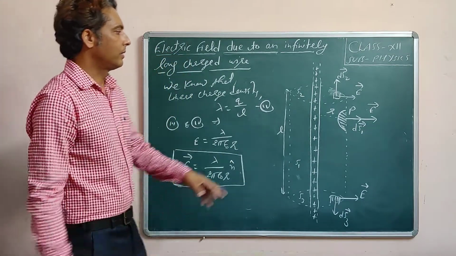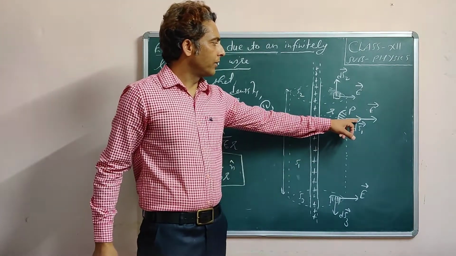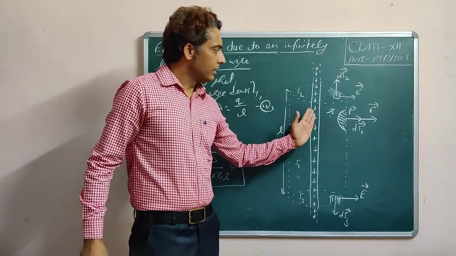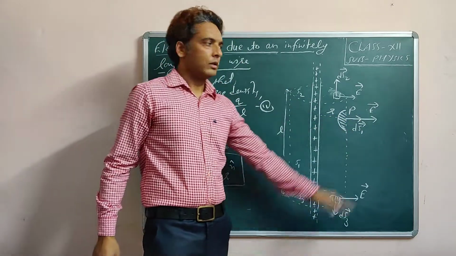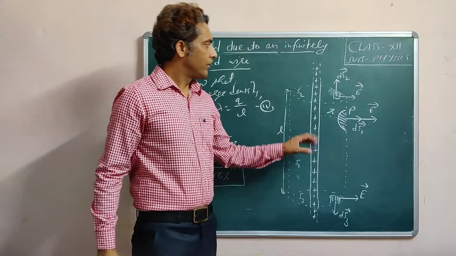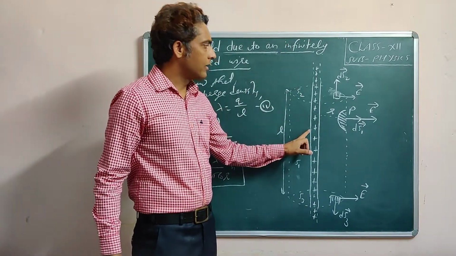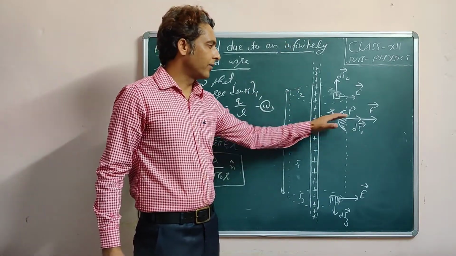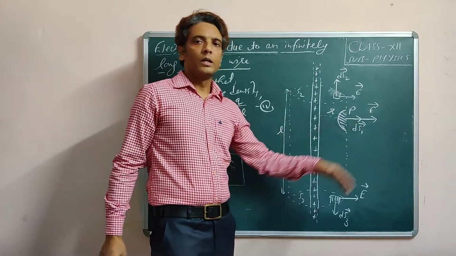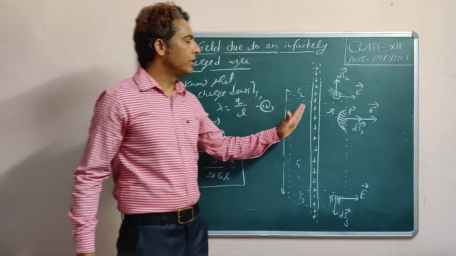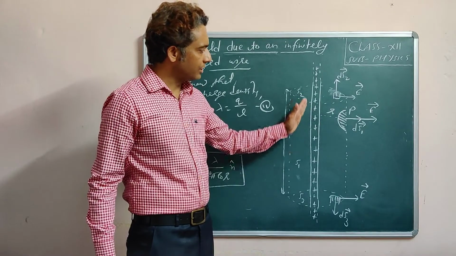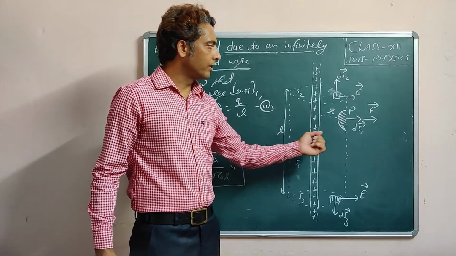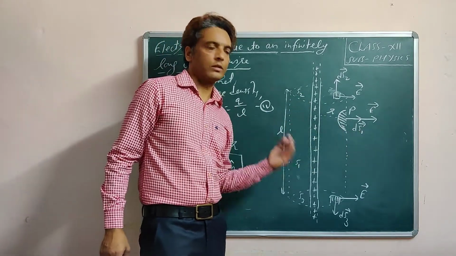So from here you can see the direction of electric field is directed radially outward. So means in case of positively charged wire, the direction of electric field is away from the wire. Now this wire can be negatively charged. If it is negatively charged, then the direction of electric field will be towards the wire.